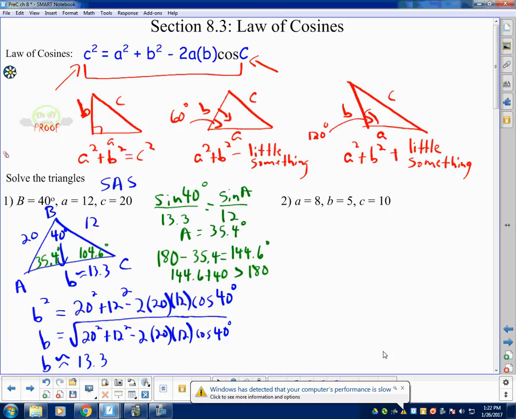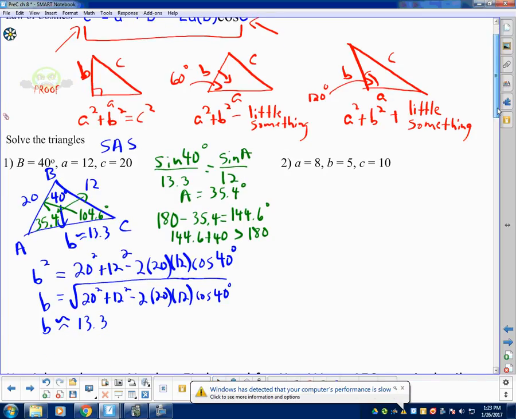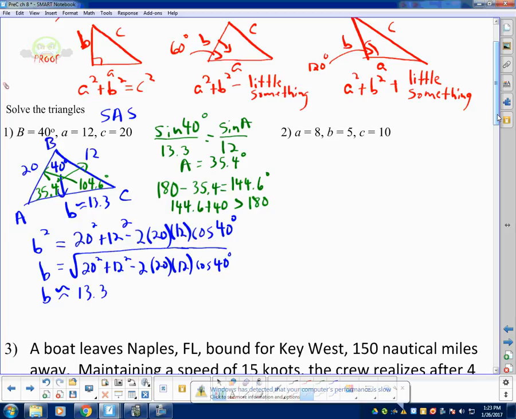But what we do see here is opposite the biggest angle is the biggest side, opposite the middle angle is the middle length side, and opposite the smallest angle is the smallest side. Now what we noticed in fourth period, which you might want to observe here, is what happened if I had gone and found angle C first.